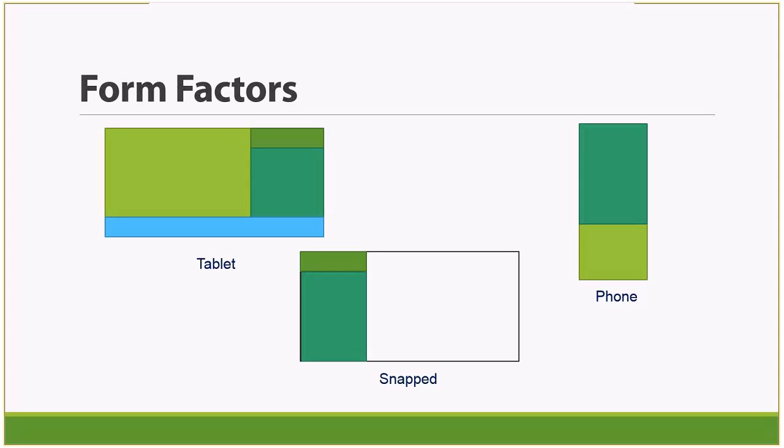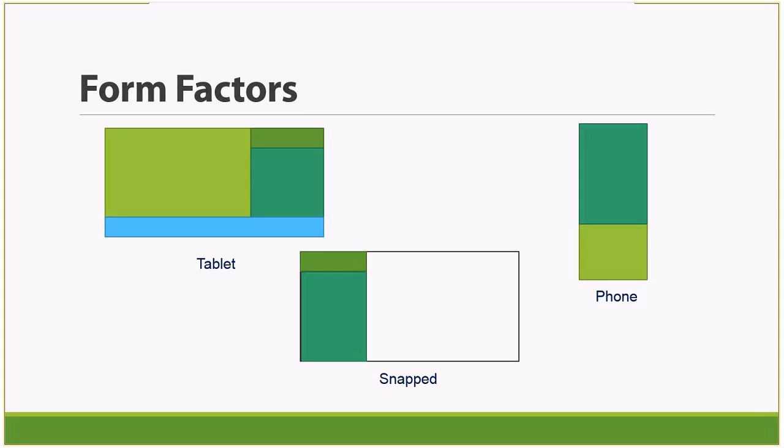You want to make sure that those components that you show in the snapped view still work the same way. You don't want to have to reinvent all those components just to support a different way of looking at the app. On the phone, it on the surface looks an awful lot like the snapped application, and you can start there.